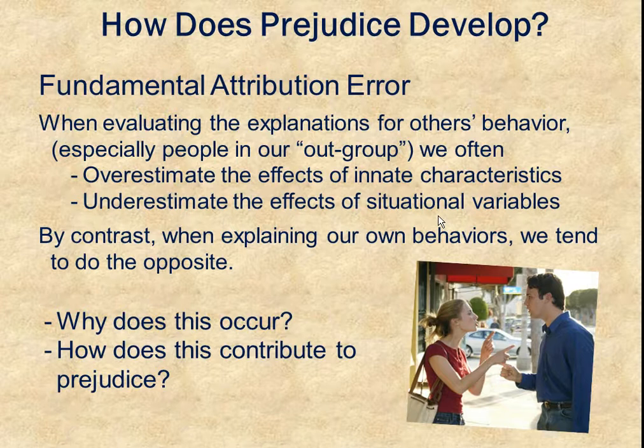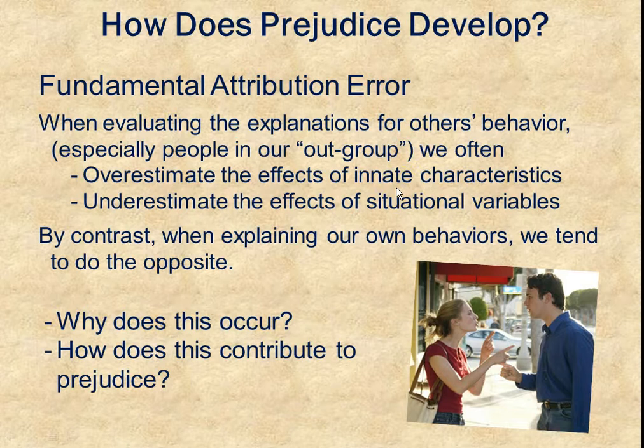Now, we tend to extend that to people in our in-group versus people in our out-group. So if somebody is a female white educator and they show up to a meeting and they're late, I'm more likely to be a little charitable with them and assume, oh, it must be something situational, like bad traffic that caused them to be late. If you're in my out-group, you are an Asian man who is in business and you're late, I'm going to assume that it's because you really just don't care about the meeting that we're going to have.